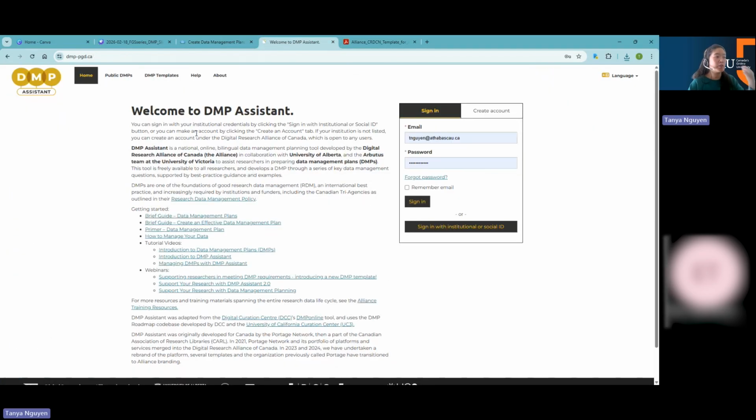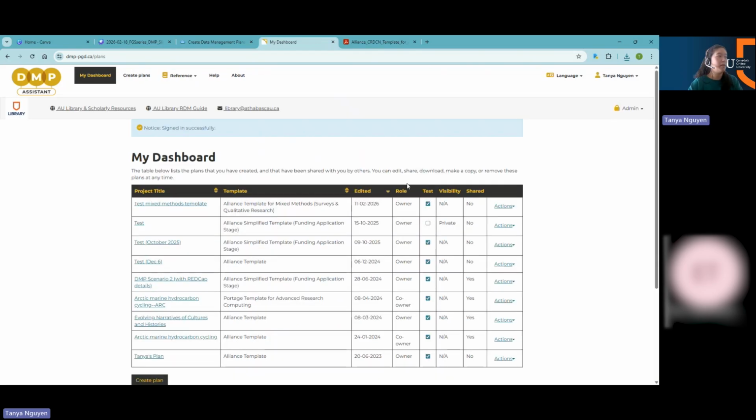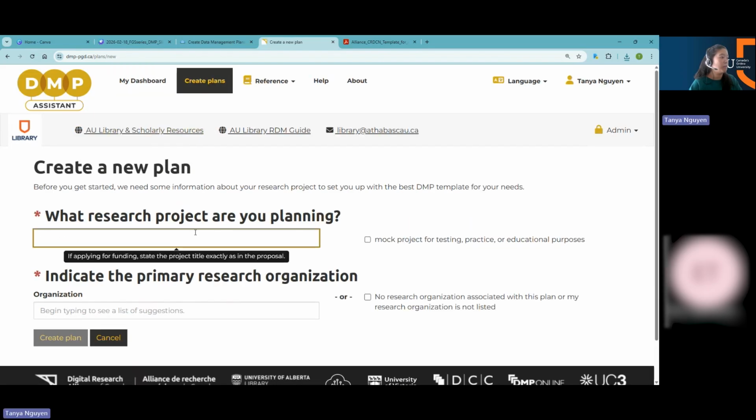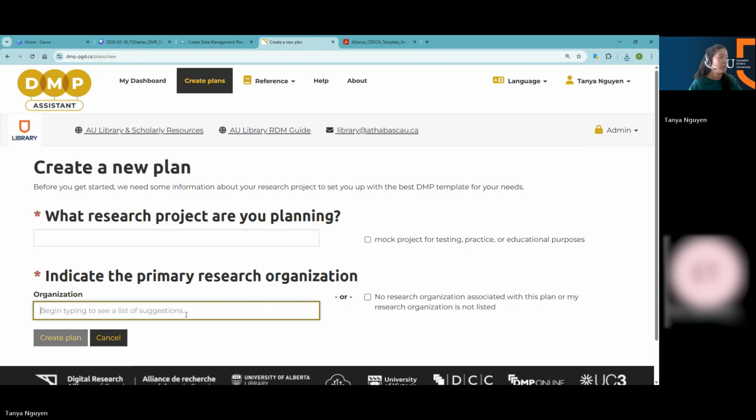But one benefit I'll show you with having an account on DMP Assistant is, I'm logged in right now, but if I create a plan, should take a step back. If I create an account with my Athabasca email, you'll get shifted into the Athabasca Library's instance on the DMP Assistant.